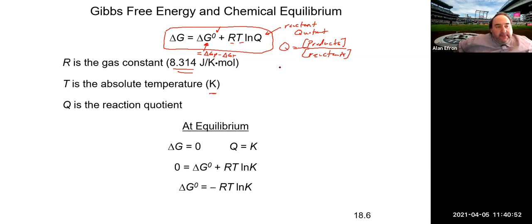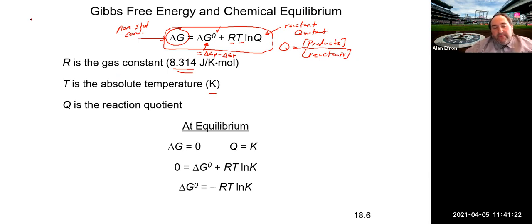It was a lot of times in situations where we were maybe not sure we were at equilibrium, maybe initial conditions. That's why you would want to use it in this situation. It would be where you're not at equilibrium, under non-standard conditions. So that delta G there is the delta G under non-standard conditions.